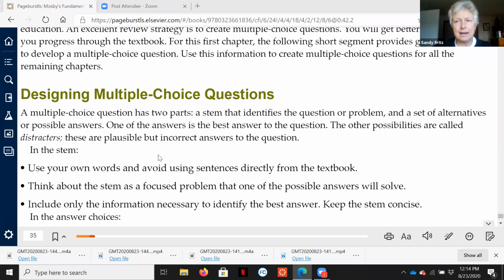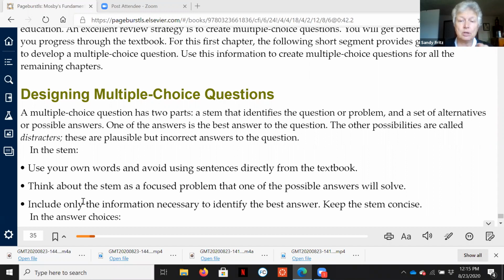So in the STEM, when you're practicing this, use your own words, restate information from the textbook. Don't go to the glossary at the back of the book and pick up a definition. Don't do that. Rewrite it for yourself. And then try to work that into a little bit of a puzzle, a problem to be solved that your right answer will solve.